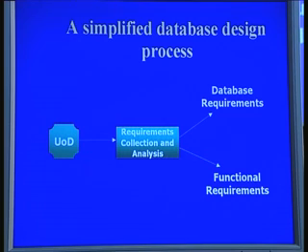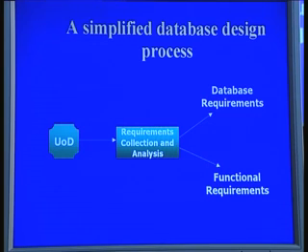Generally when we talk about designing a database system, we first look into the UOD and collect requirements from the UOD. We have to make an analysis of the UOD. Suppose we want to build a database for a bank, we have to first understand how the bank conducts its operations, what kinds of operations they have, what the rules and norms are, and what distinguishes a correct operation from an incorrect operation, and so on.